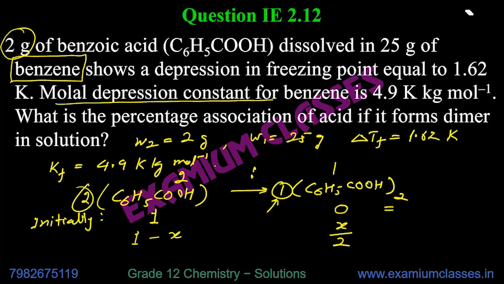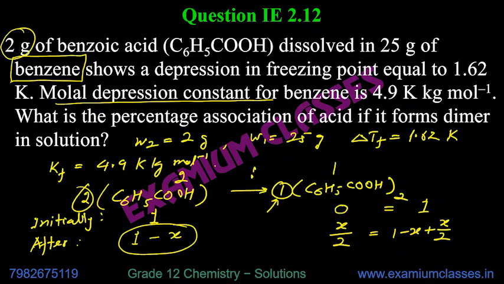So whether you have the ratio of moles or the ratio of particles, it will be the same. So how many moles do you have? 1 plus 0, 1. And after dissociation, how many moles do you have? 1 minus X plus X by 2. 1 minus X left of benzoic acid and X by 2 produced of dimer, means 1 minus X by 2.